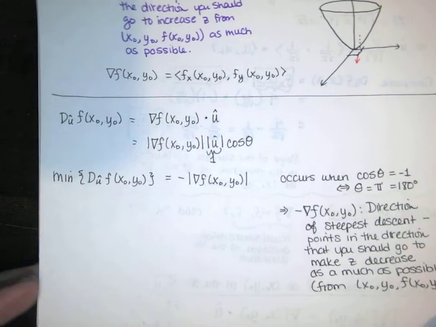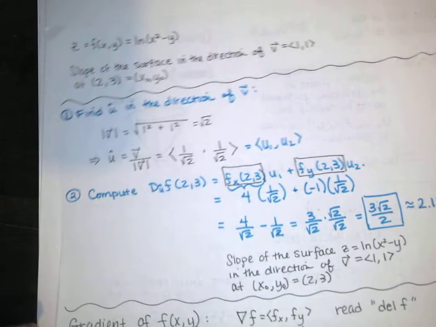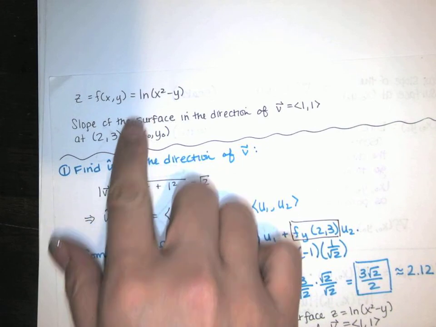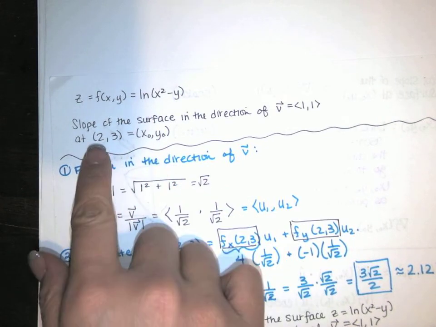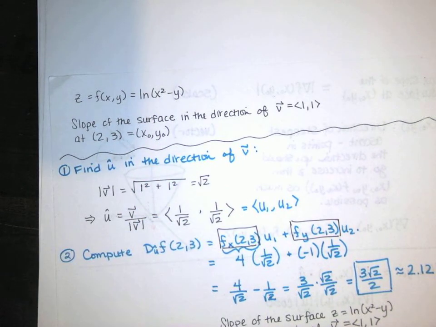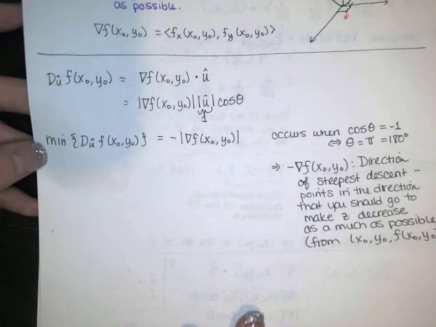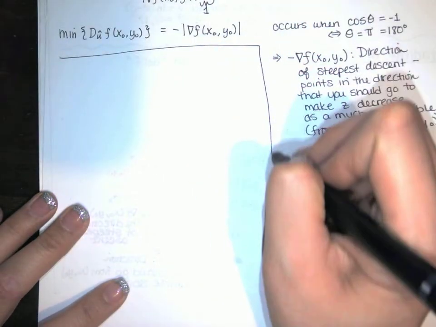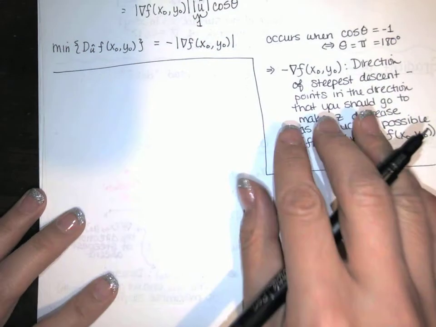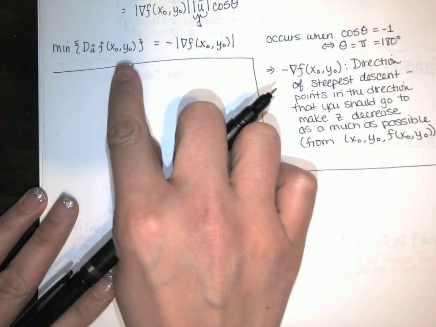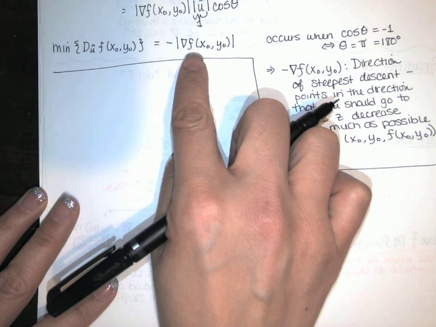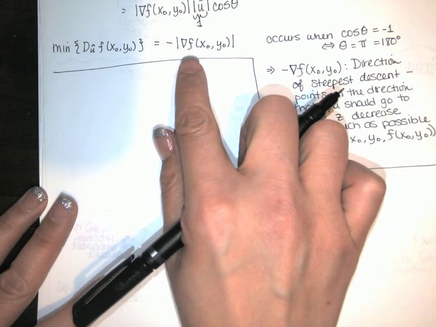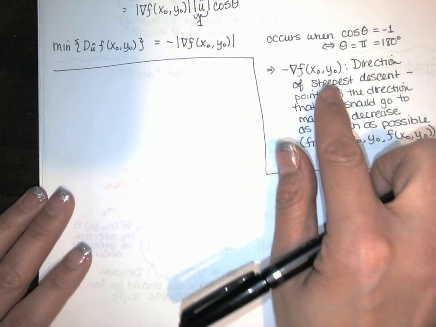So let's go back to our example. We had this function, this surface, and we were interested in the slope of the surface near x, y equals 2, 3. Remember, make sure you know the minimum slope of the surface is this. That's a scalar. And the direction you should go to get that minimum slope is the opposite of the gradient at that point.